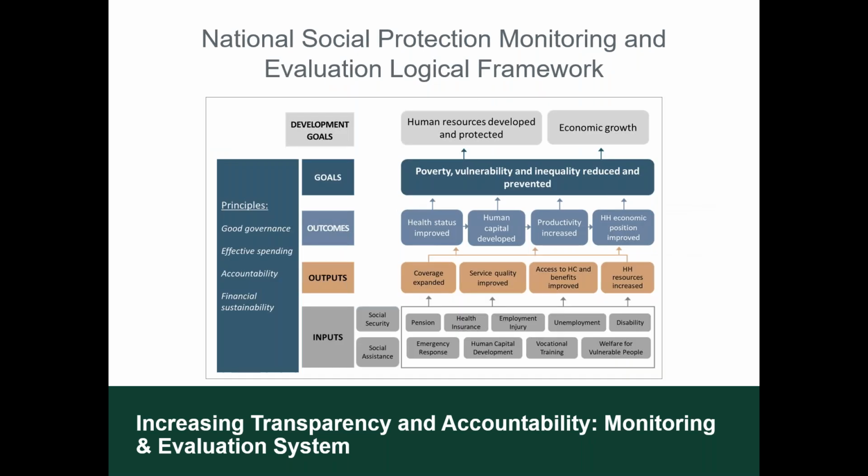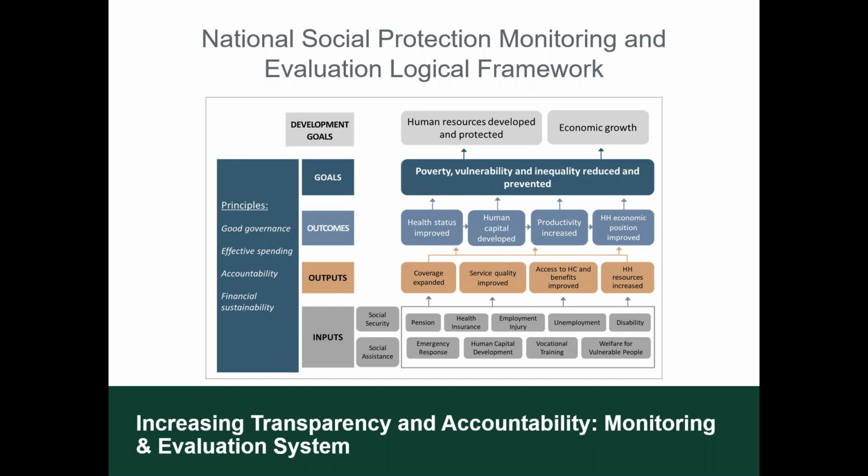This M&E system is being developed following a well-defined social protection logical framework, respecting the principles of good governance, effective spending, accountability, and financial sustainability as shown in this slide.